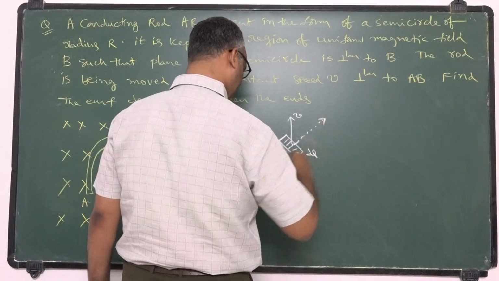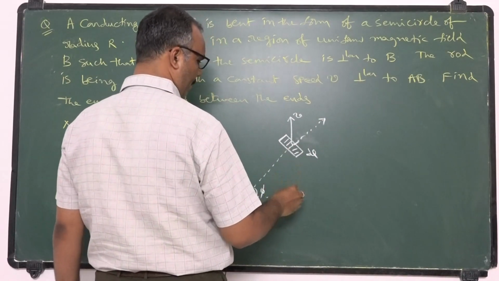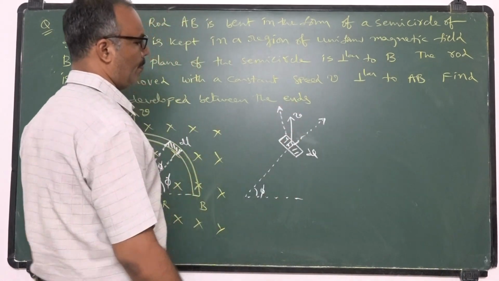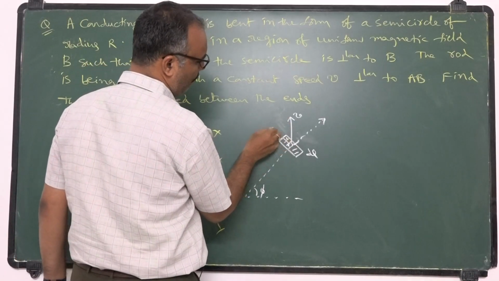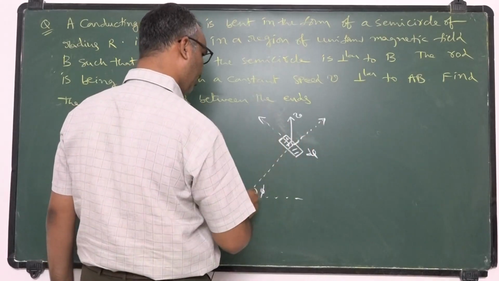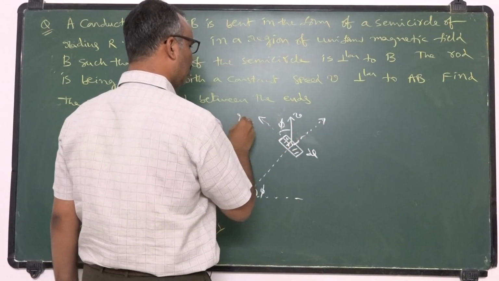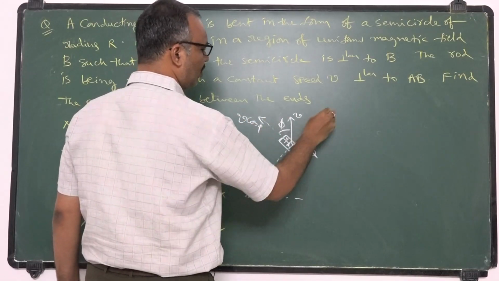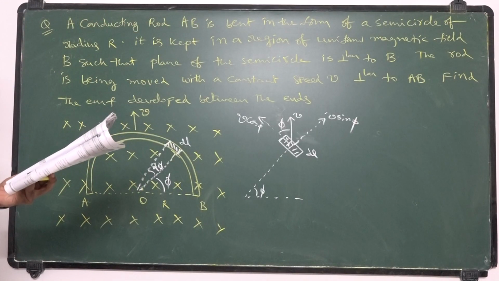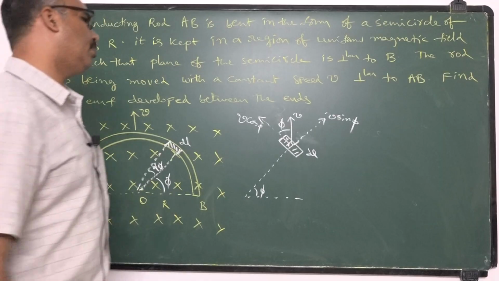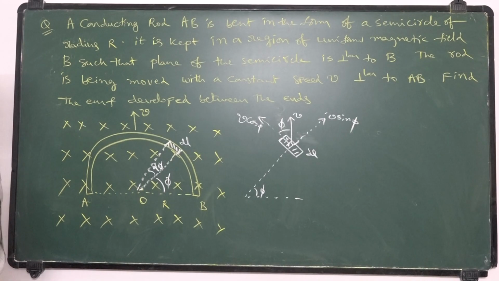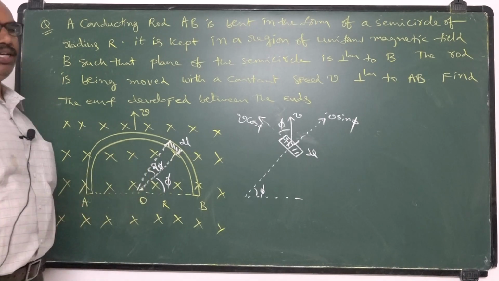If you extend like this, as this angle is phi, for this line this is perpendicular, so this is v cos phi, this is v sin phi. v sin phi is the component of velocity perpendicular to the length of the element, which is responsible for the production of induced or motional EMF inside the element.